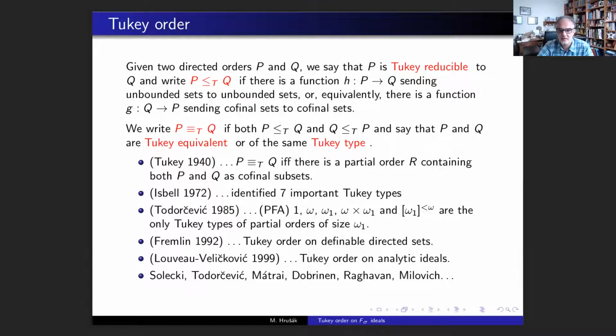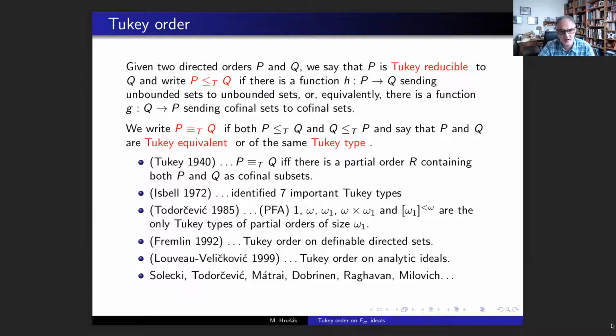Or equivalently, it's not completely immediate, but relatively easy to see, we can also talk about functions going the other way, from the bigger one to the smaller one, which send cofinal sets to cofinal sets. Of course, this preordering induces an equivalence. We say that two orders are Tukey equivalent if one is below the other and vice versa, or that they are of the same Tukey type.